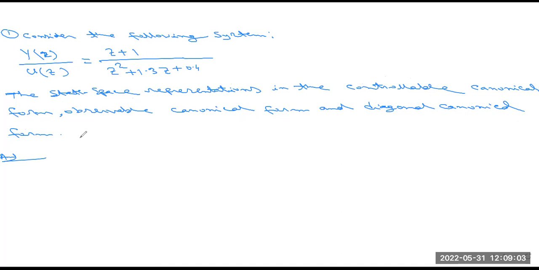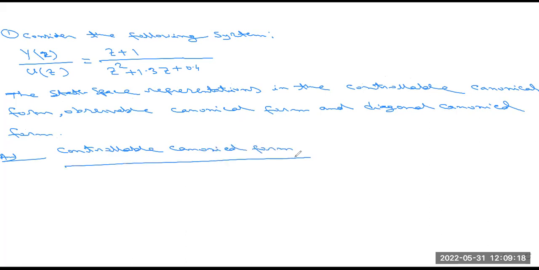First we express the controllable canonical form. We have to express these equations in matrix form.